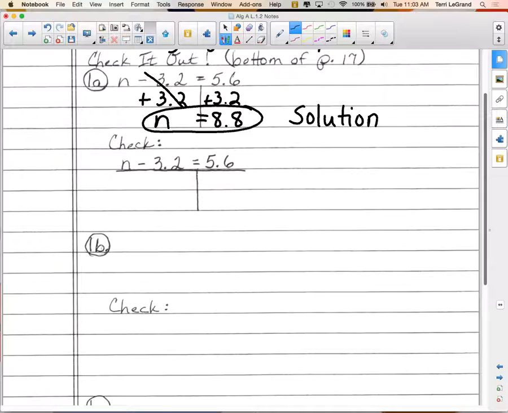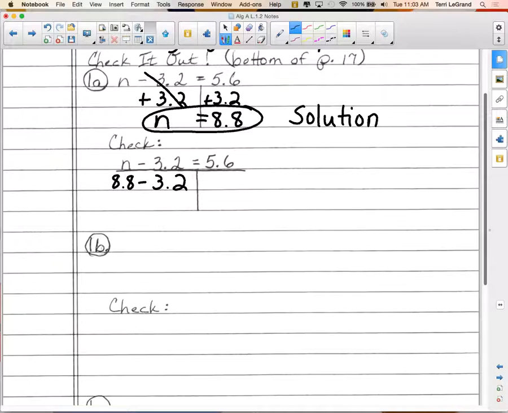So it's kind of like we're evaluating. Remember our evaluating practice that we did? We substitute in for the variable and we evaluate. We find its value. So what we're going to do in a check problem is take our equation and take our solution and substitute it in place of the variable. So go ahead and do this on your papers.